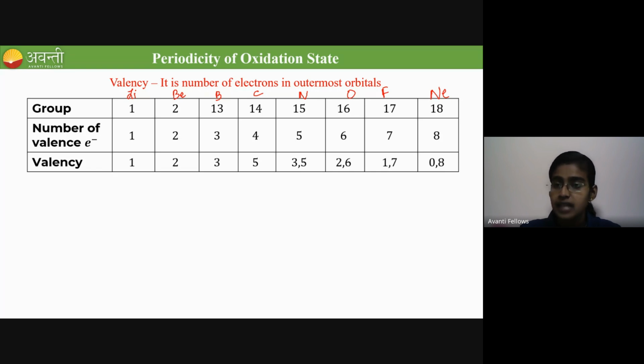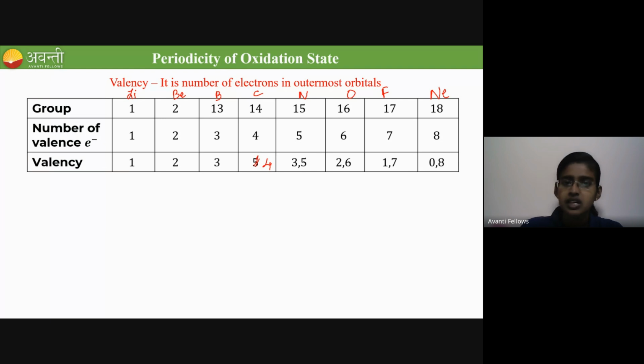Coming to the valency, for 4 and less than 4, actually it is not 5, it is 4. For carbon, the total number of valence electrons is 4 and the valency is also 4. Species with 4 or fewer valence electrons have the same number of valence electrons and valency.